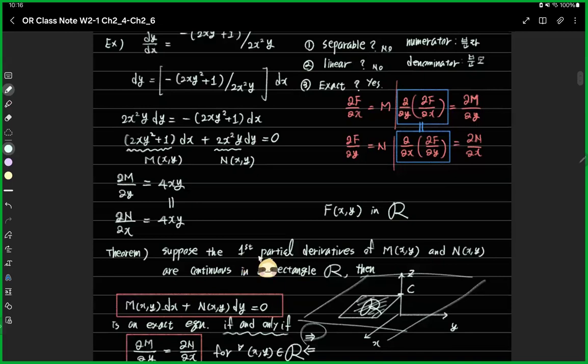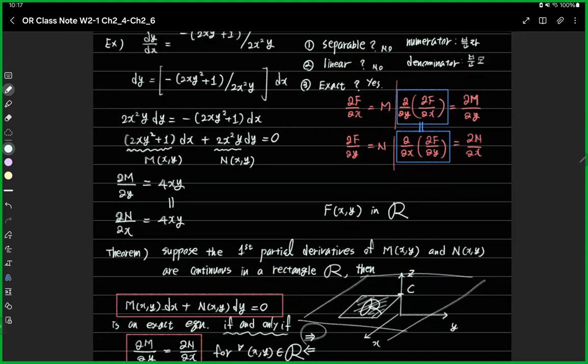Suppose the first partial derivatives of M(x, y) and N(x, y) are continuous in a rectangle R. Rectangle R means just the domain of the unknown solution of the differential equation, because we want to find the solution of the exact differential equation.